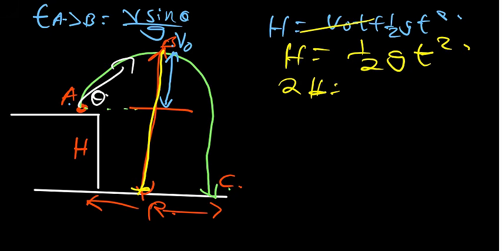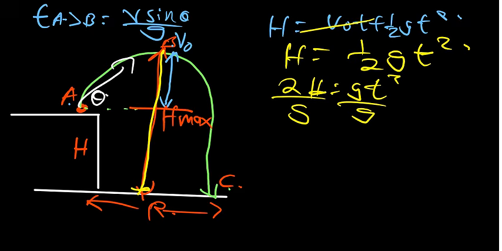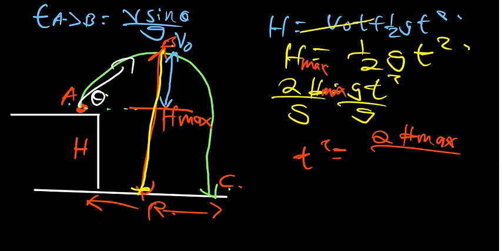We divide by g. So this h, let me put it as h max so that you should not be confused. So t squared will be equal to 2 times h max, everything divided by g. I get the square root.